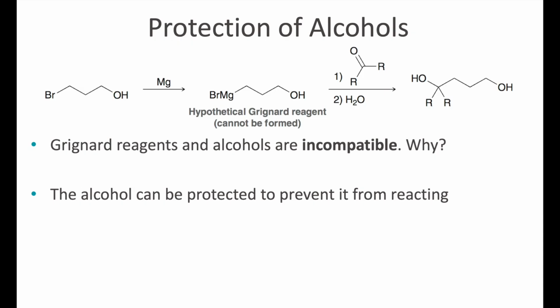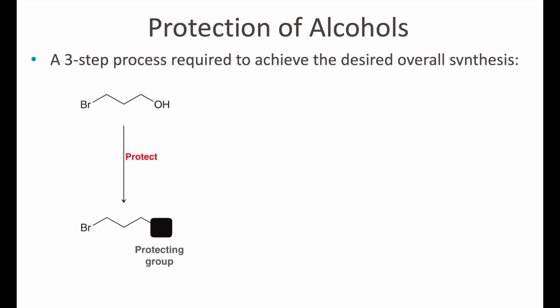Let's say you did want this reaction and you wanted to make a diol out of it. How can you go about doing this with a Grignard reagent? The key here, remember, is that since the alcohol is being attacked by the Grignard, we must protect it from reacting. So let's talk about the protection of alcohols. It is a three-step process where first you protect your alcohol group, blocking it so the Grignard reagent cannot see it anymore.